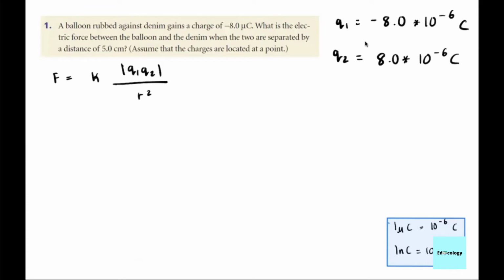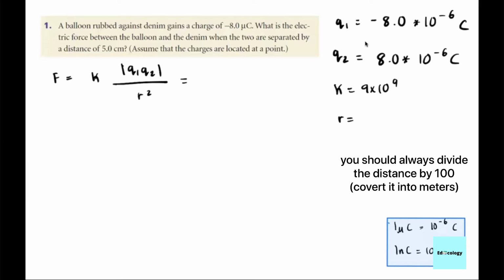So now we substitute these values. We know that k is equal to 9 times 10 to the power of 9, and r, if you want to keep it in centimeters, it is 5. However, I prefer to convert it into meters. So you divide 5 by 100, and you will get 0.05 meters.